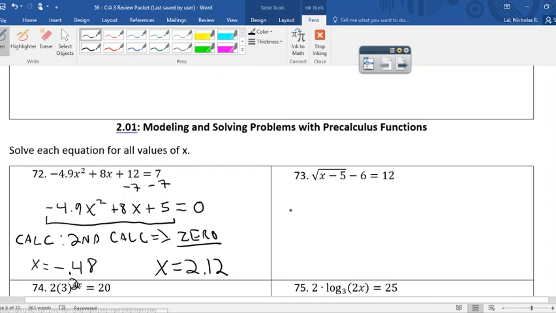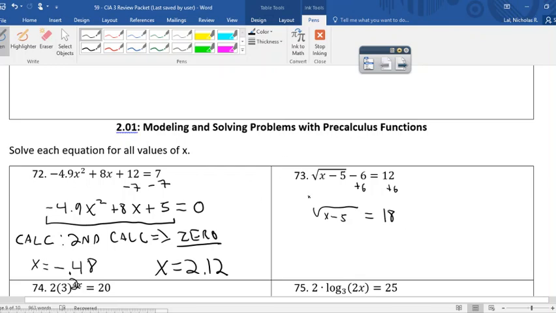All right, so that's 72. For 73, you need to solve for x. I have the square root of x minus 5, minus 6, equals 12. Add 6 to each side. The square root of x minus 5 is going to be equal to 18.